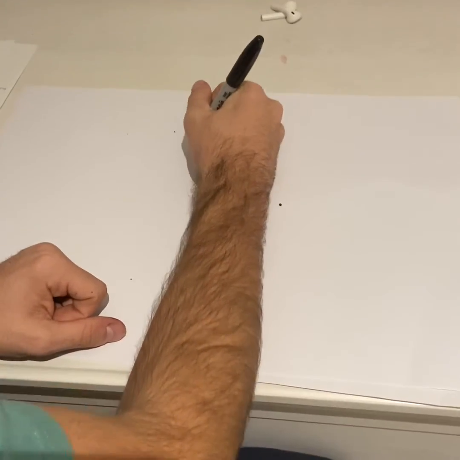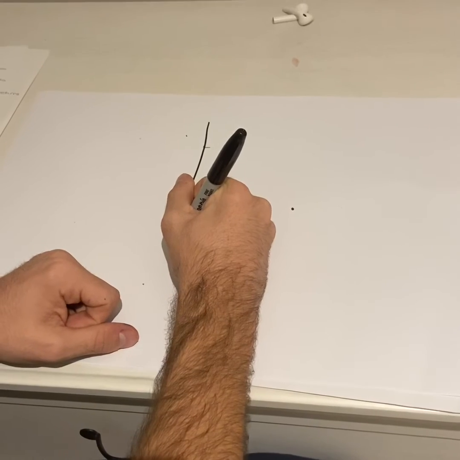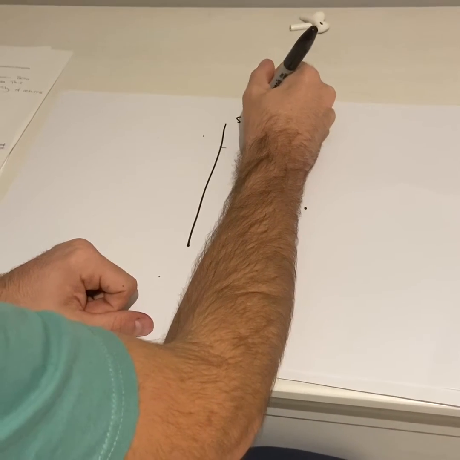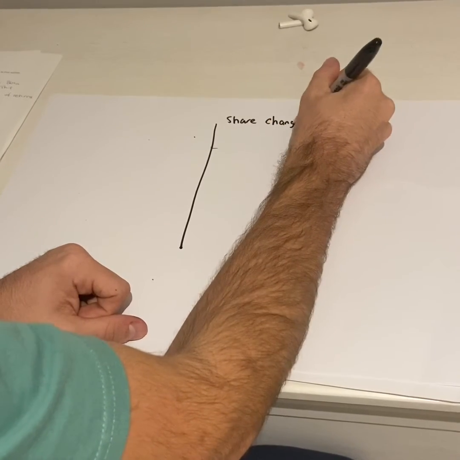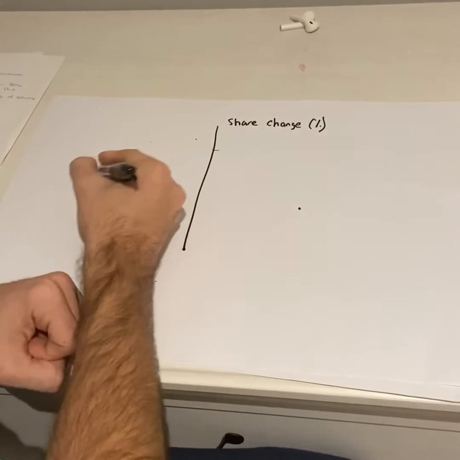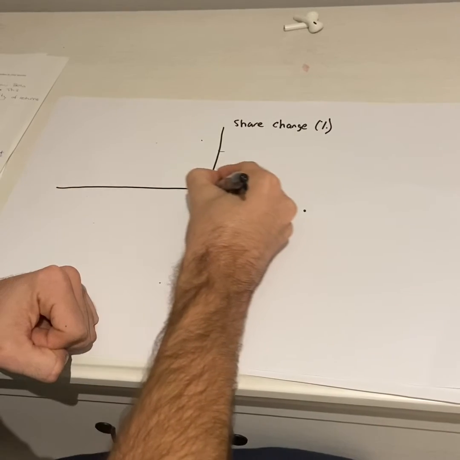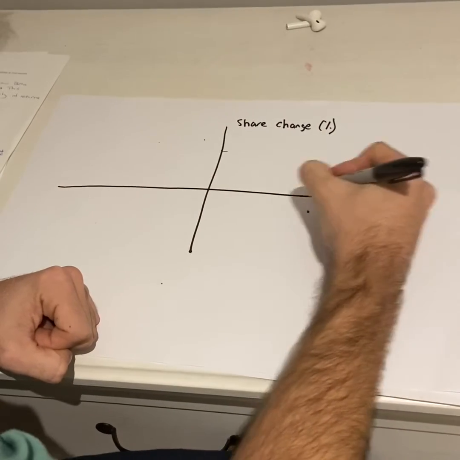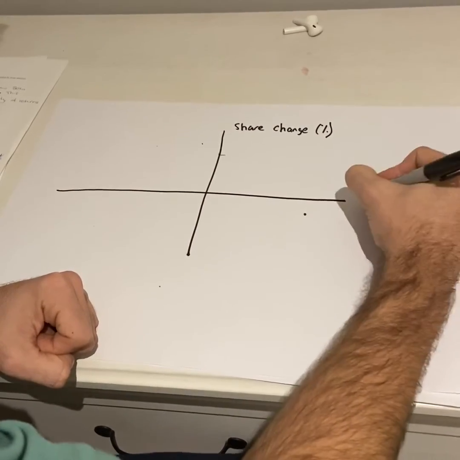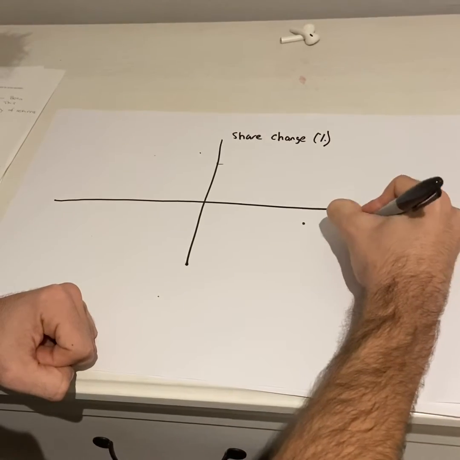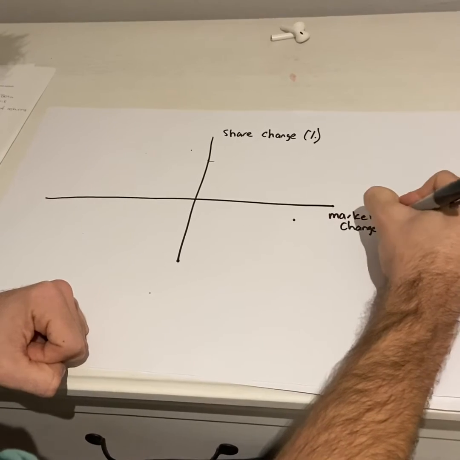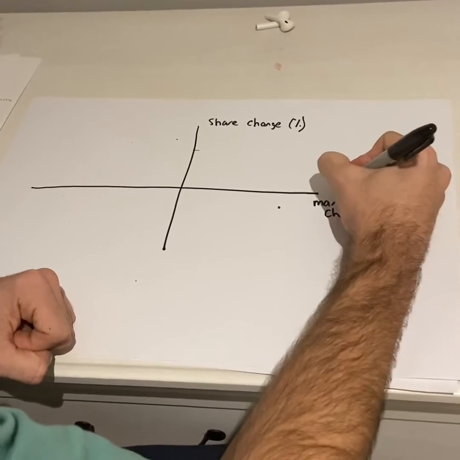So we'll draw the vertical axis, which represents our share change, represented as a percentage. And our horizontal axis, which represents our market change, represented as a percentage.